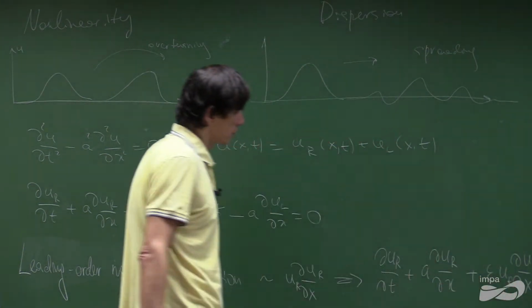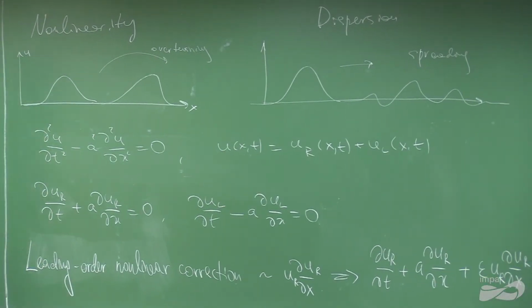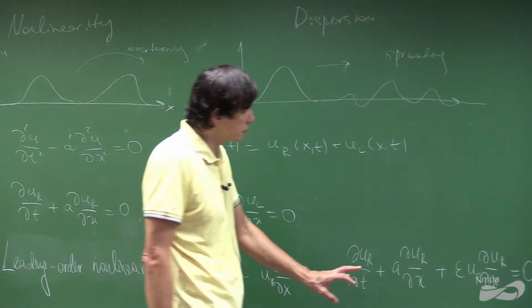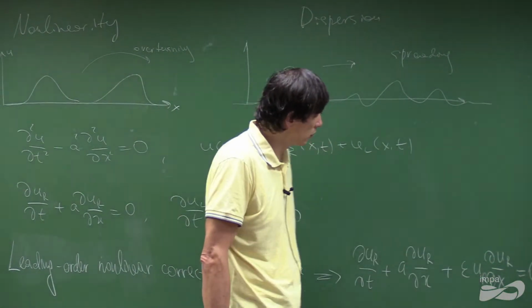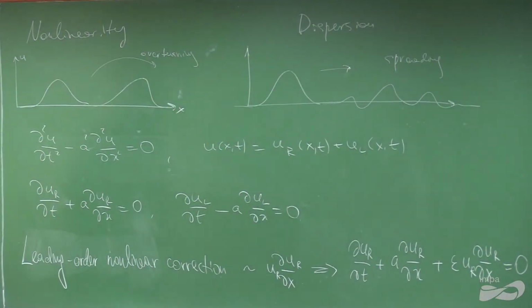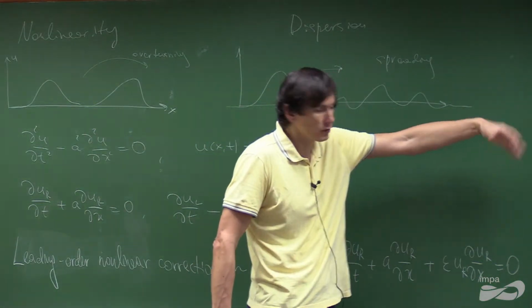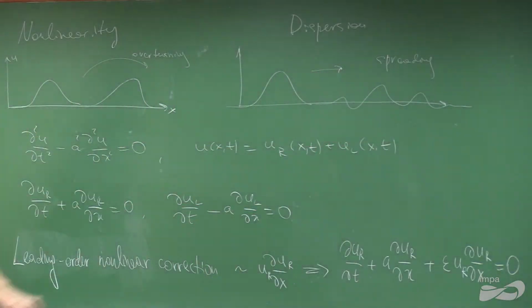So this is the right-going wave nonlinear equation. We take into account, assuming that the nonlinear term is small, and we just want to take into account the main effect. Of course, there is a second order term, third order term, and so on, but this is the main. All others are much smaller than this. Okay, so this is this part.